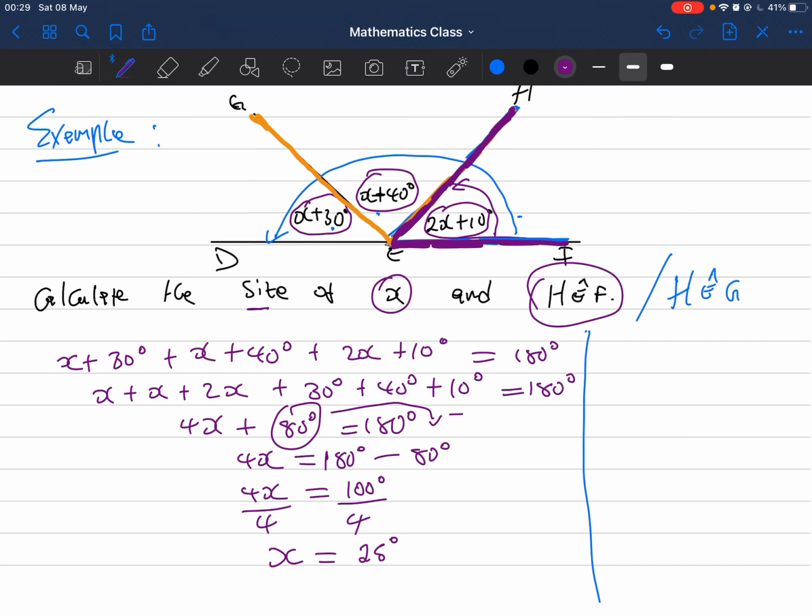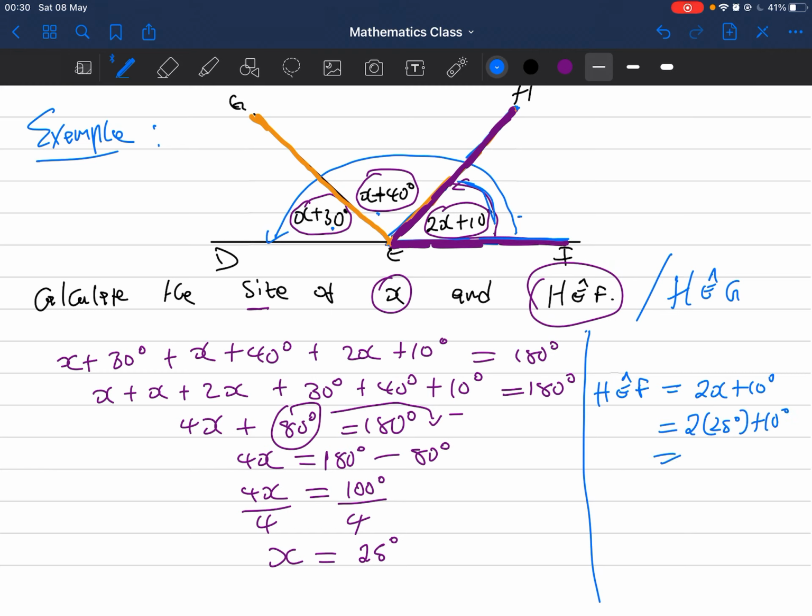And we know that HEF is equal to 2x plus 10 degrees. And we know x is 25, so 2 times 25 plus 10.